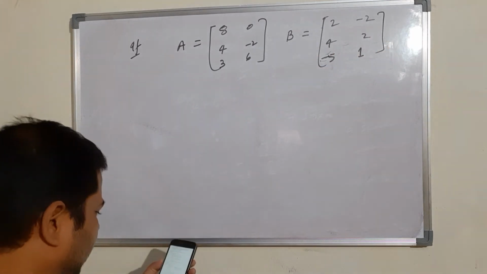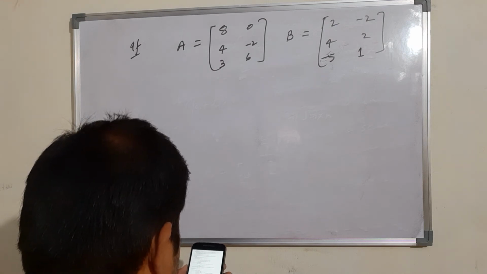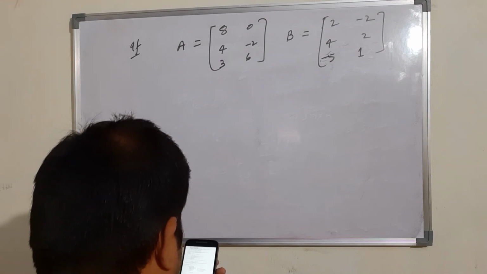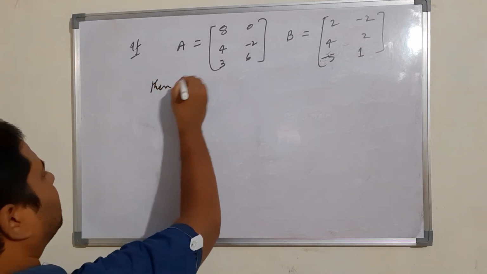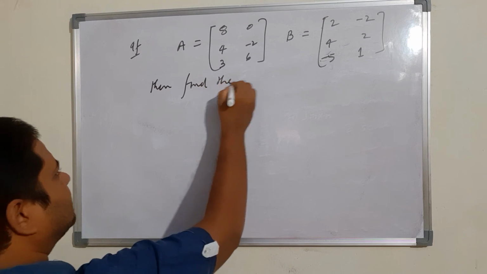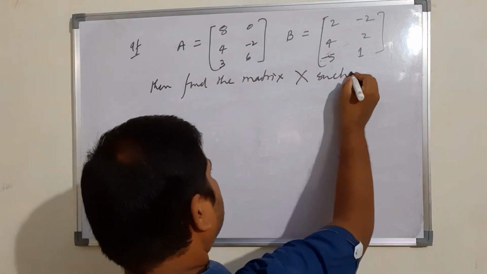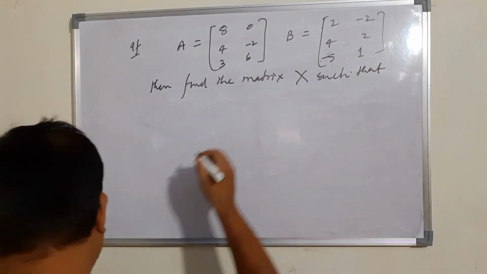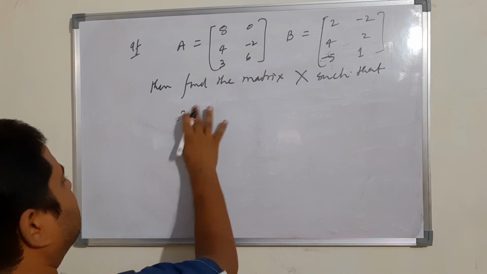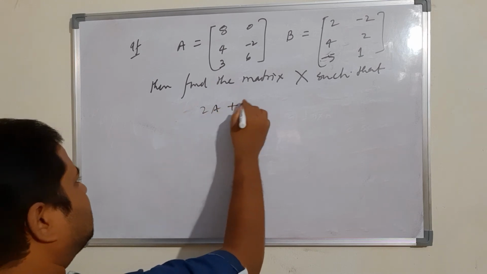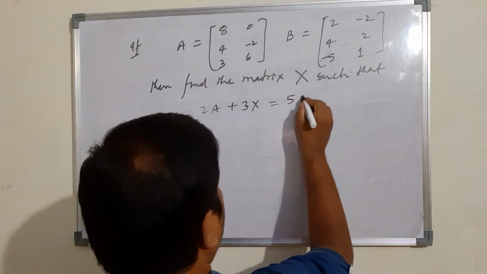Then find the matrix X such that 2A plus 3X is equal to 5B.